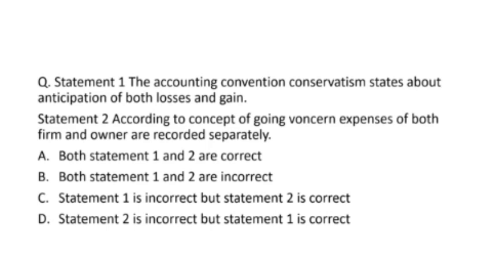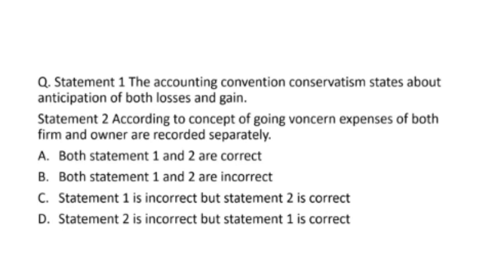Statement 1: the accounting convention conservatism states the anticipation of both losses and gains. Statement 2: according to the concept of going concern, expenses of both the firm and the owner are recorded separately. Options: both statements 1 and 2 are correct; both statements 1 and 2 are incorrect; statement 1 is incorrect but statement 2 is correct; statement 2 is incorrect but statement 1 is correct.